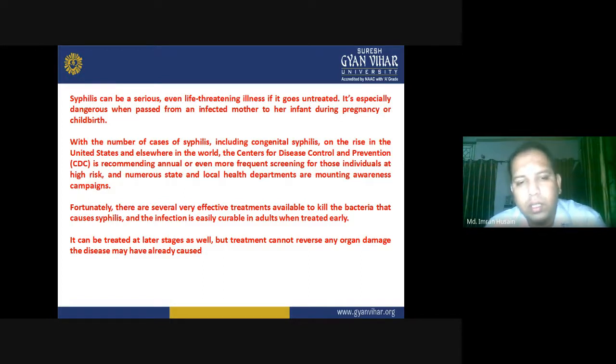Fortunately, there are several very effective treatments available to kill the bacteria that cause syphilis, and the infection is easily curable in adults when treated early. It can be treated at later stages as well, but treatment cannot reverse any organ damage the disease may have already caused.